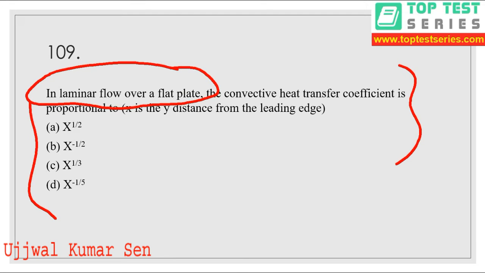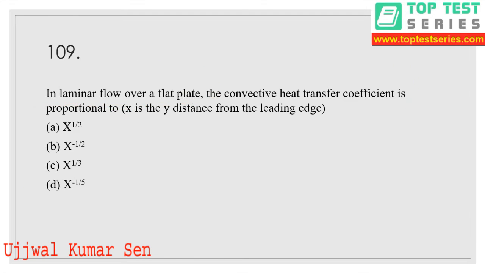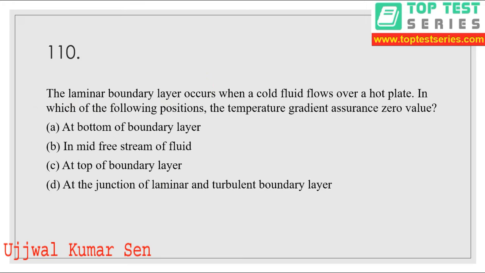All right, now let's move to question number 110. The laminar boundary layer occurs when a cold fluid flows over a hot plate. In which of the following positions does the temperature gradient assume zero value? What is the temperature gradient? Basically dT by dx.